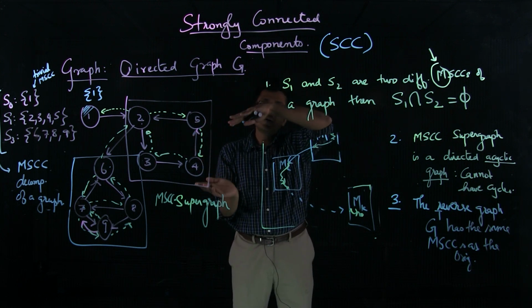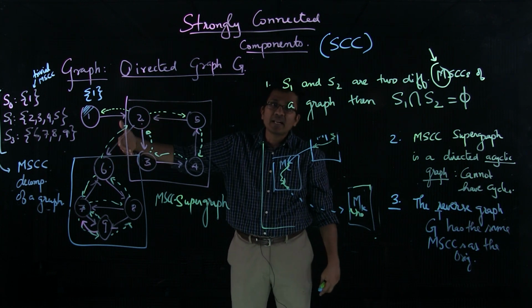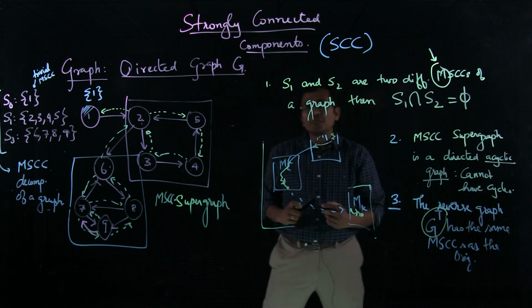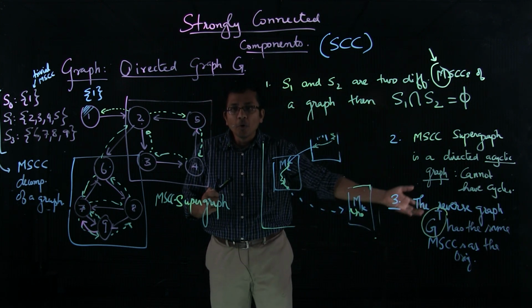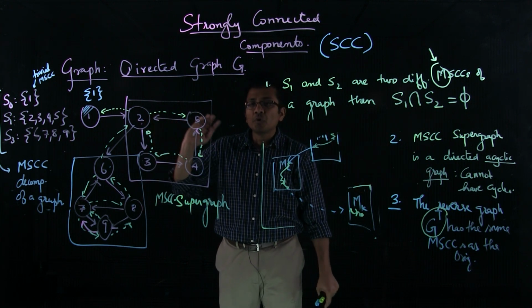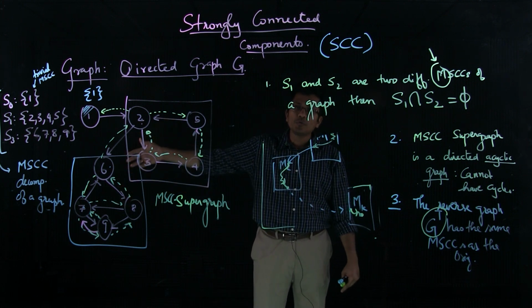So you turn all the rows into columns and columns into rows, and that becomes the reverse graph. And that's why the notation for the reverse graph is G transpose. You transpose the adjacency matrix, you obtain the reverse graph. Okay. And for adjacency list, it's a little bit more time consuming than transposing, but I hope you know how to do it.